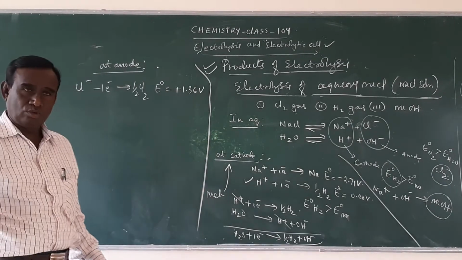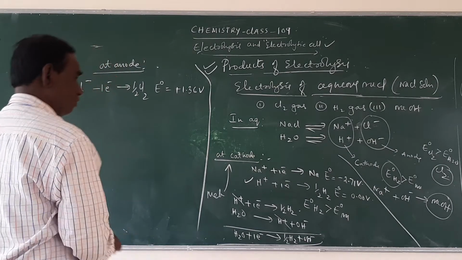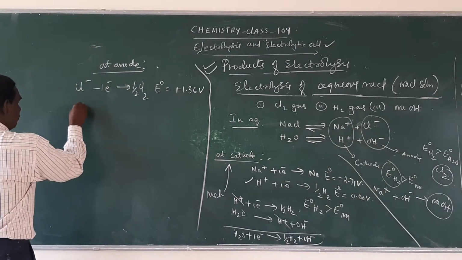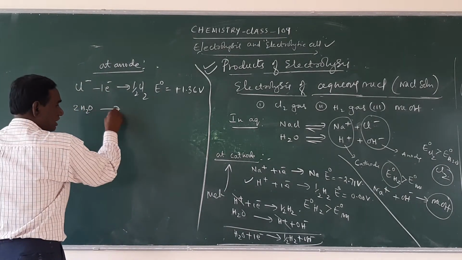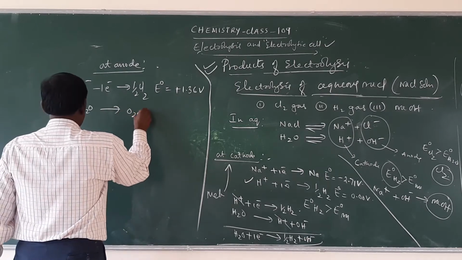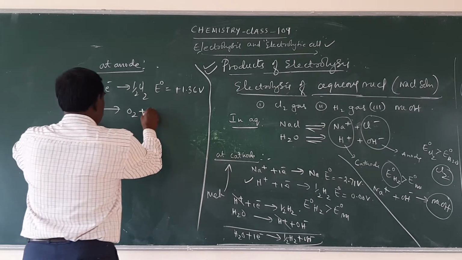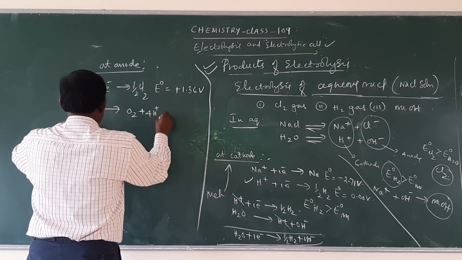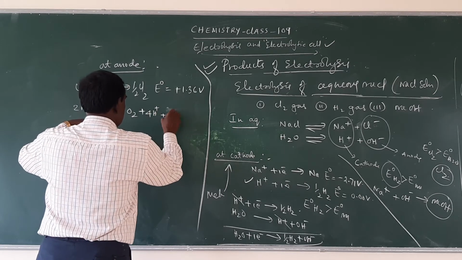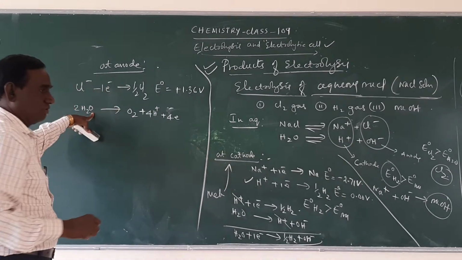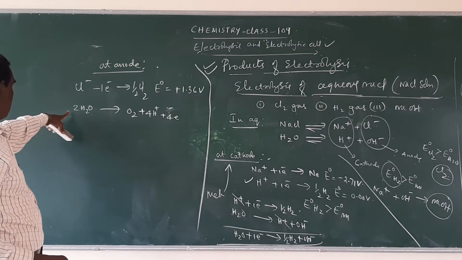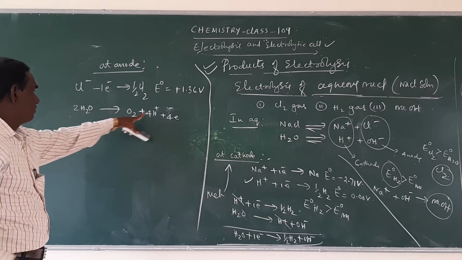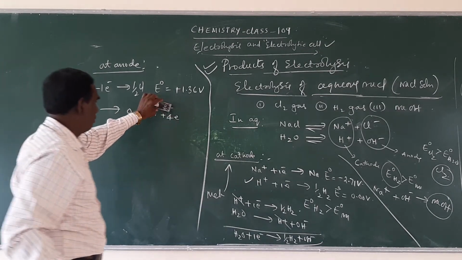But if you take the water dissociation, 2H2O gives rise to O2 plus 4H+ plus 4 electrons.